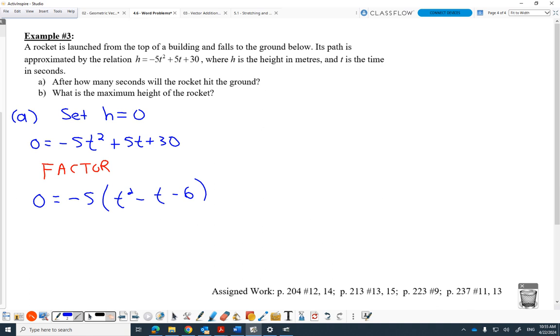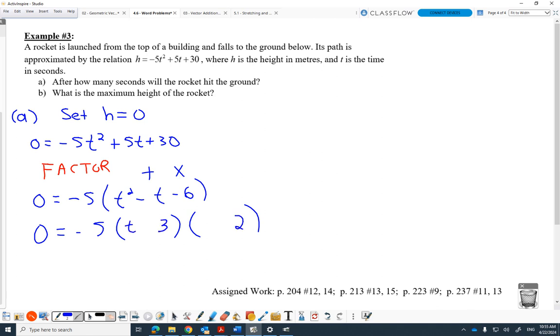Is it 2 terms? No. Is it 3 terms? Yes. Is it simple or complex? Simple. Good. So all we need is 2 numbers that multiply to -6 but add to -1. It's definitely 3 and 2. And I like this thinking too.